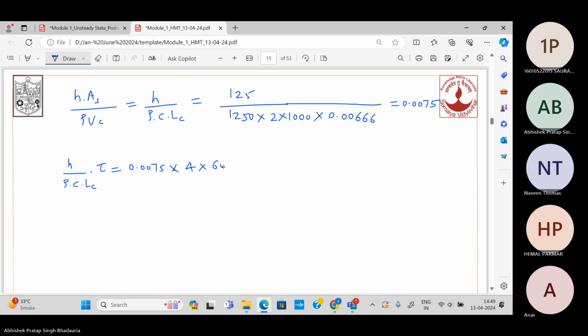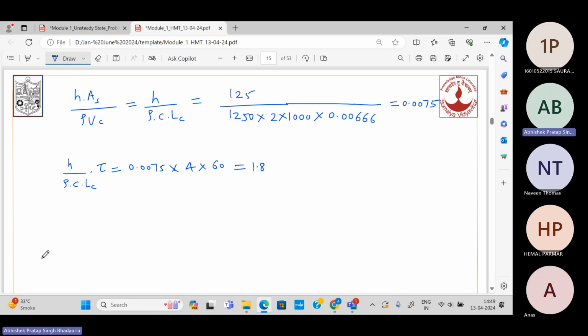Just solve this. 0.0075 into 4 into 60. So the calculated value is 1.8.